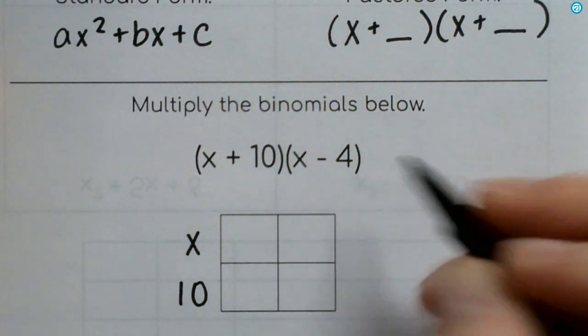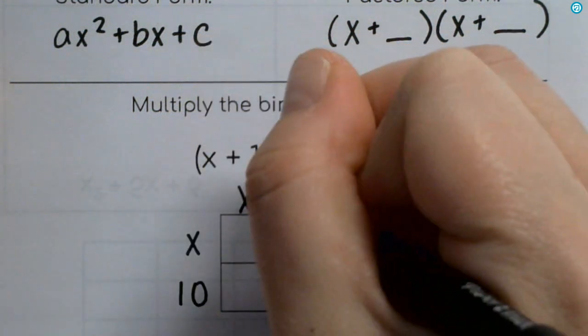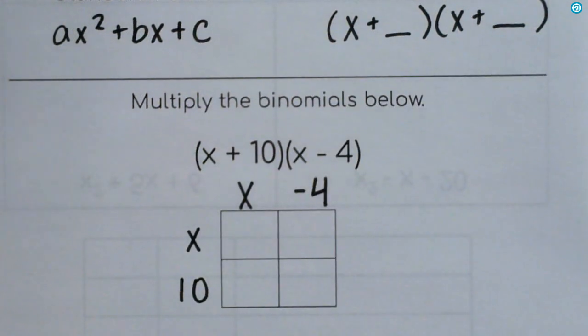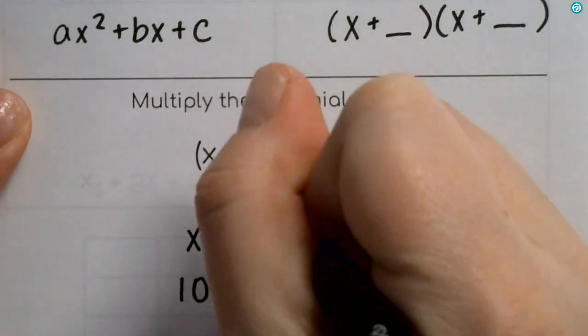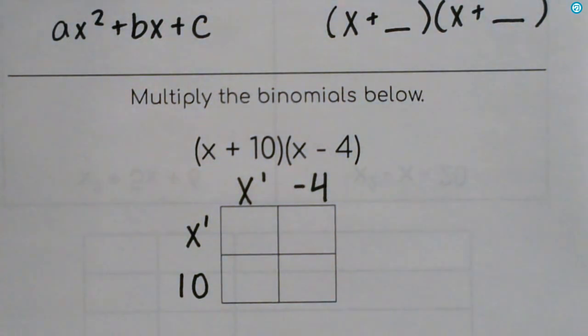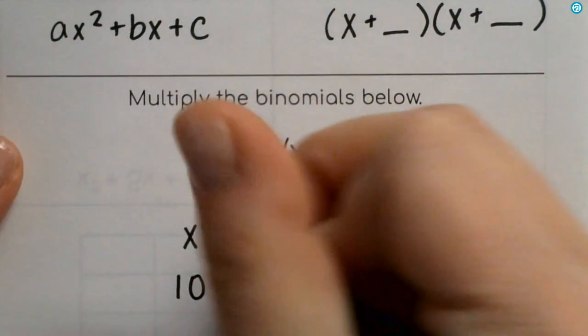I'm going to take this x minus 4 and put it across the top. Then I'm going to put my imaginary ones in. So I'm going to make this x to the first and x to the first. And then I am going to start multiplying. So x to the first times x to the first is x squared.